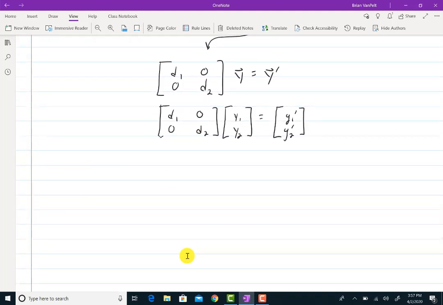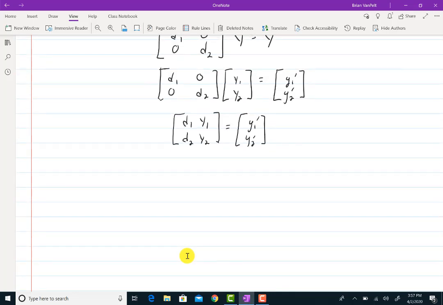Now when I do the multiplication, I'm going to get d1 y1, d2 y2 will equal y1 prime, y2 prime. So then what I end up with is a series of equations: d1 y1 equals y1 prime, d2 y2 equals y2 prime. These are extremely easy to solve in this situation.